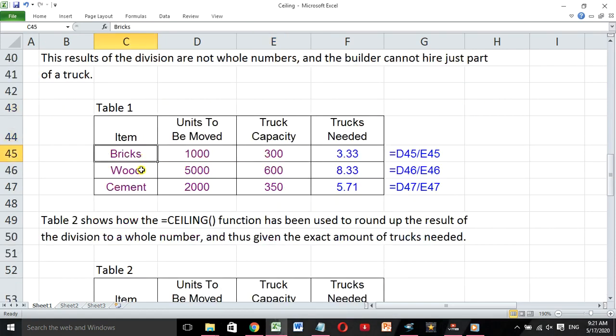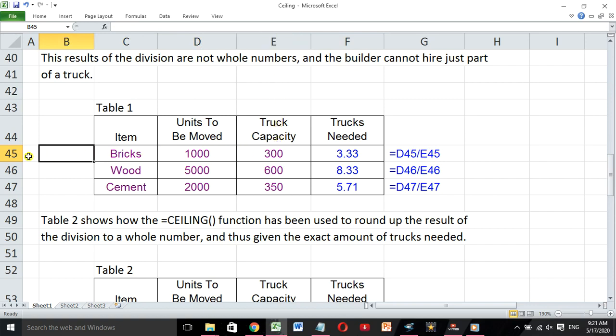Items are bricks, wood and cement. Units to be moved 1000, 5000, 2000. And truck capacity is 300, 600, 350. And trucks needed. The formula will be equal to D45 divided by E45.